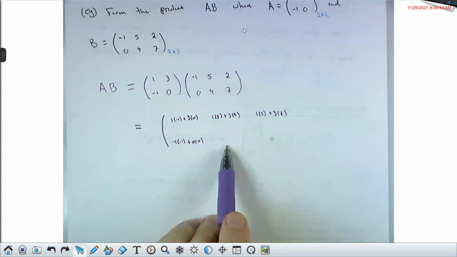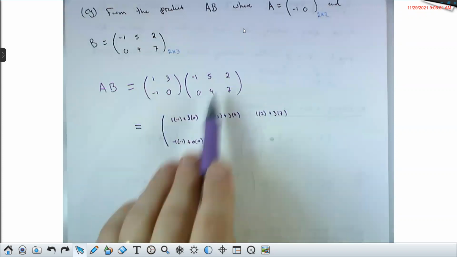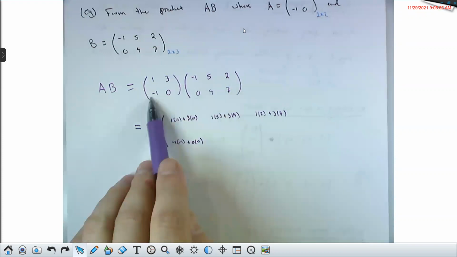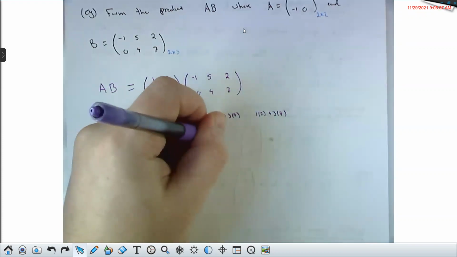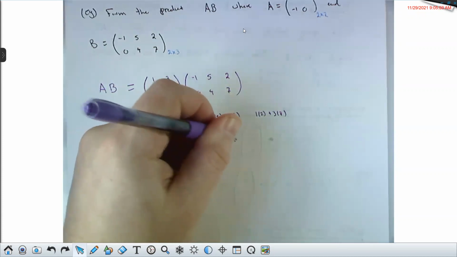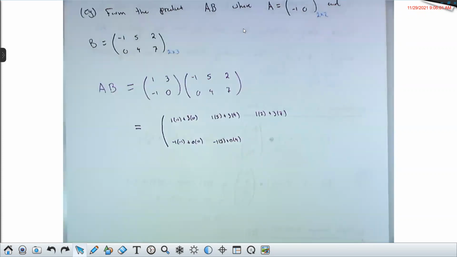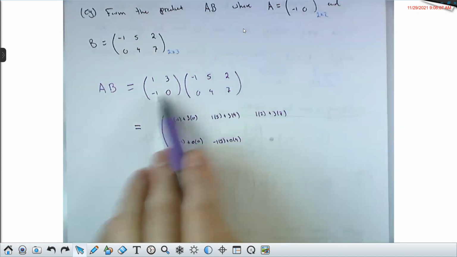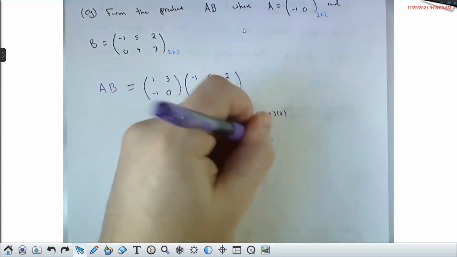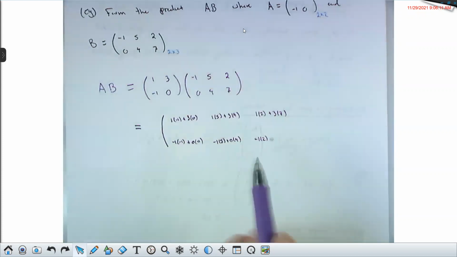To get the 2, 2 position, I take the second row of A and the second column of B. That's -1 times 5 plus 0 times 4. And to get the 2, 3 position, I take the second row of A and the third column of B. That's -1 times 2 plus 0 times 7.